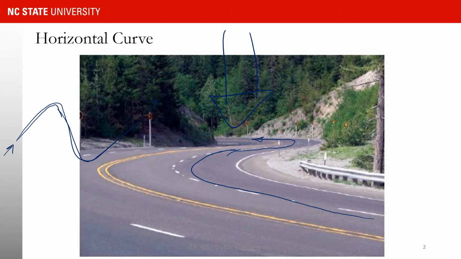This is different from the way that we were looking at vertical curves. We were looking at vertical curves from the side of the road, so we could see that the road is going up or going down. From that viewpoint, we couldn't see the horizontal curves, right?